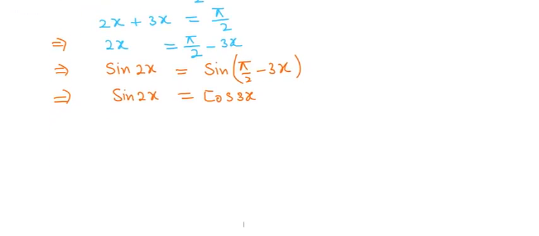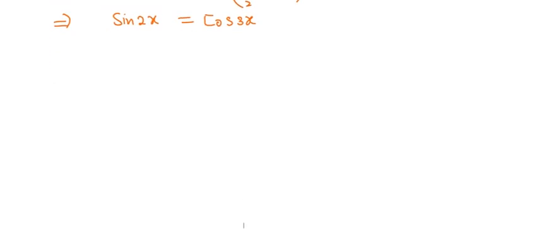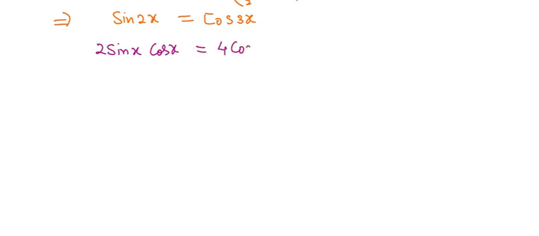now see the further step. You have to use the identities here. Sine 2x is 2 sine x cos x, and cos 3x is 4 cos cube x minus 3 cos x.